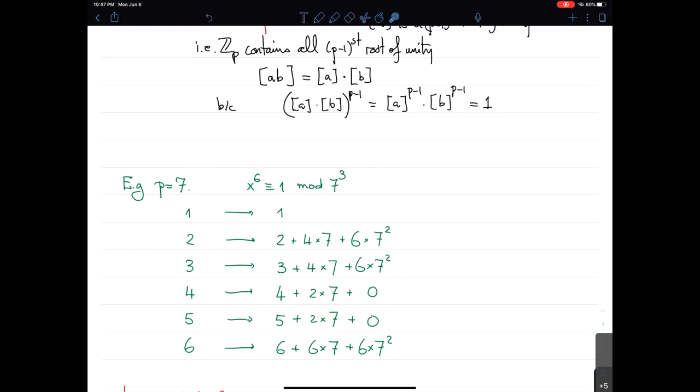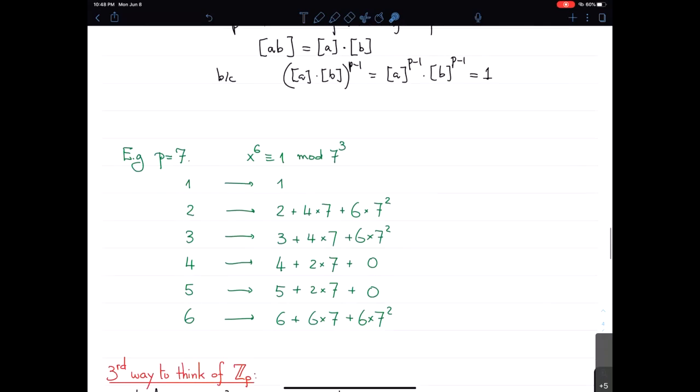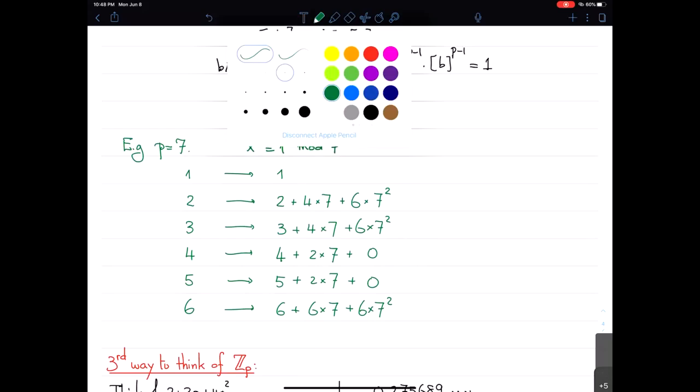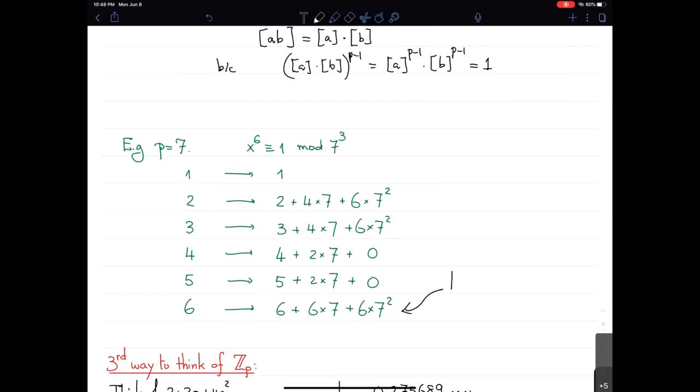If you want higher precision, you have to go on to add something times 7 cubed, and so on and so forth. And 3 is this, and so on. Maybe I'll point out one thing: the last one is minus 1 in disguised form. It should be 6 plus 6 times 7, plus 6 times 7 cubed, and so on. Those 6, 6, 6, 6 are really minus 1.